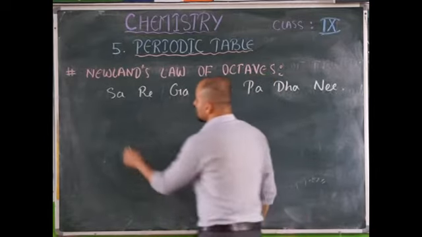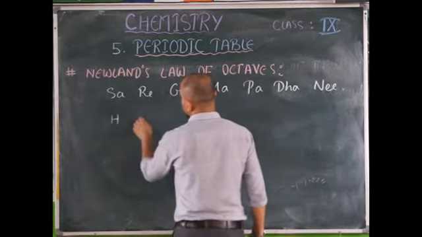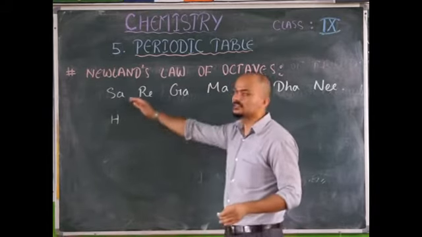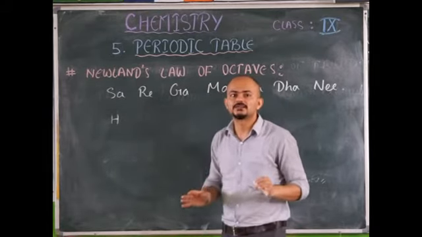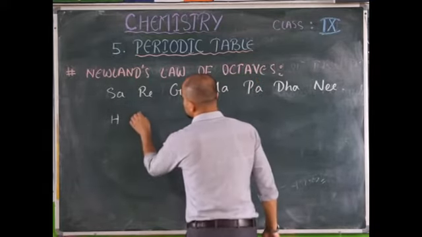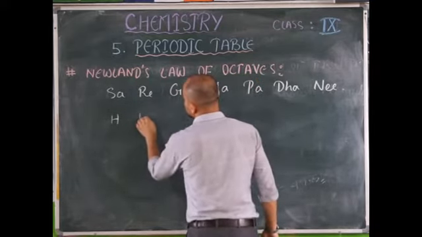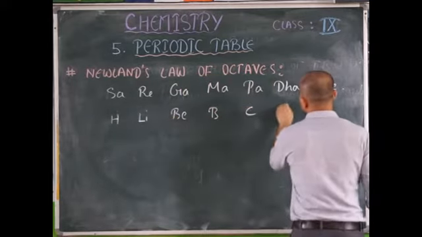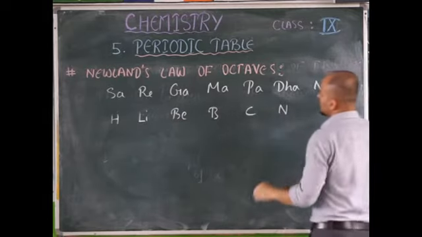For example, this is hydrogen, helium, and remember noble gases. Whenever this law was given, noble gases were not discovered at that time. Therefore, helium was not discovered. Hydrogen, lithium, beryllium, boron, carbon, nitrogen, oxygen.